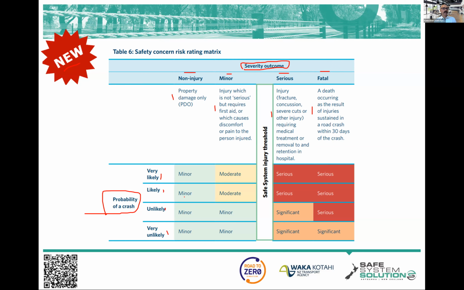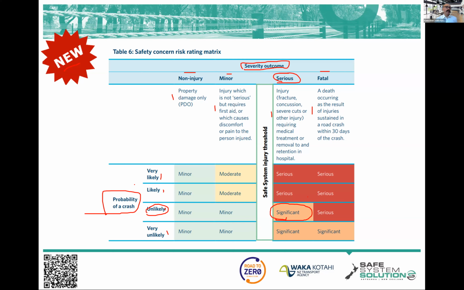But to get to your risk score, you say, well, I think that crash at the pedestrian crossing is unlikely, but when it happens, it's going to be serious based on the speeds and things. So we've got a significant risk. So the risk is the colored one. You can see it's colored, orange for significant, red for serious. So you make your judgment call on that.